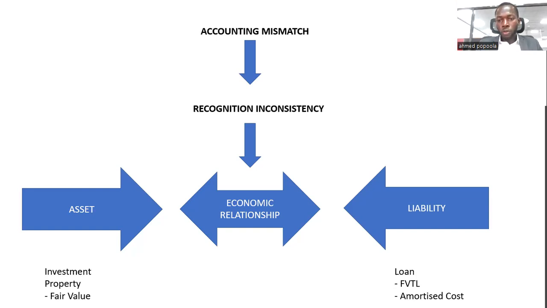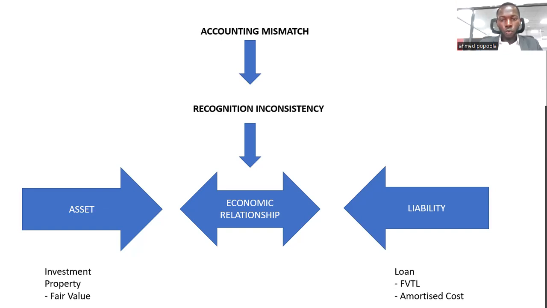And as you all know, the subsequent measurement of a financial liability, the loan in this case, is at amortized cost, right? If the entity goes this way, it means that an accounting mismatch will arise between the investment property and the loan. And this can be avoided, right?